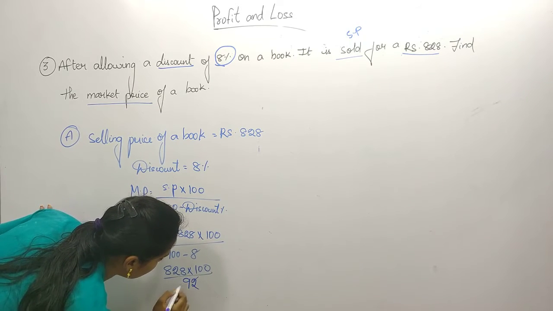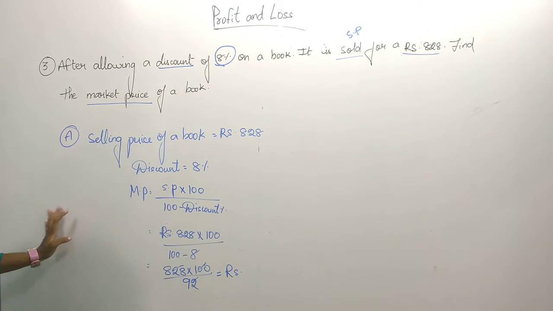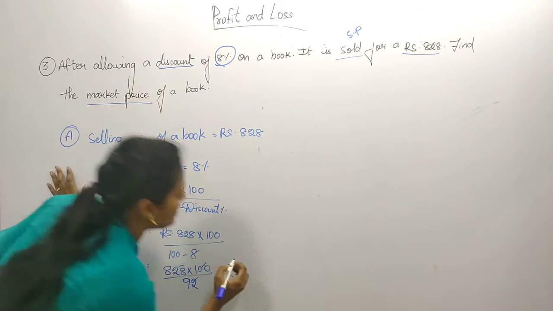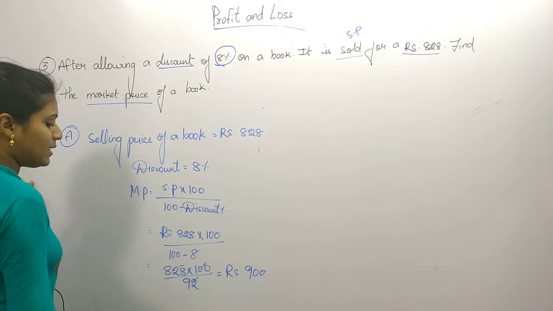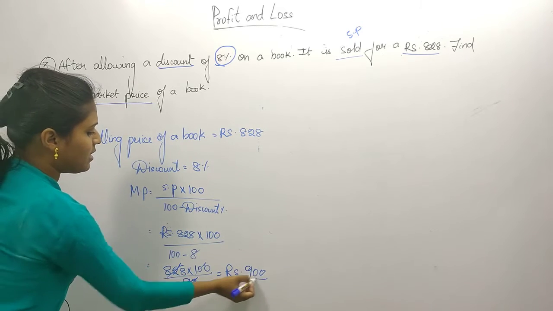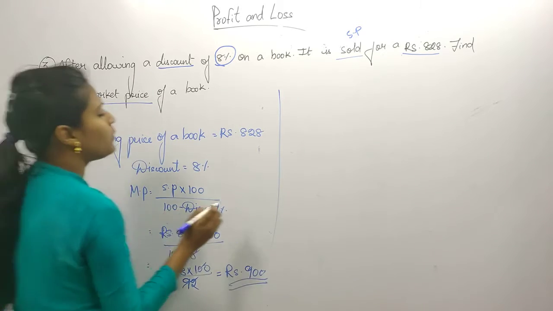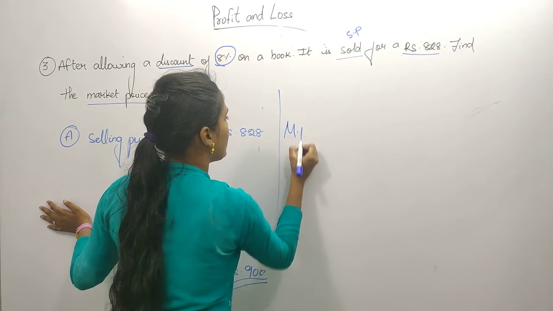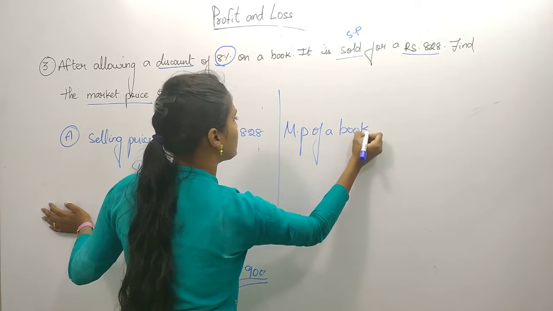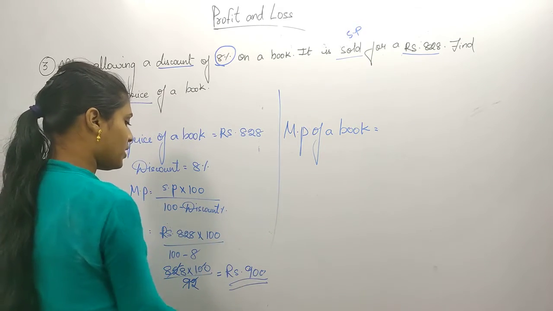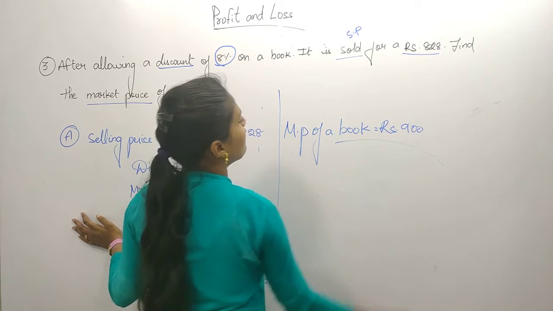By doing the cancellation of all these, what final answer will we get? Rupees 900. This is the final answer. It is the market price. Finally we got the market price of a book, which is rupees 900.